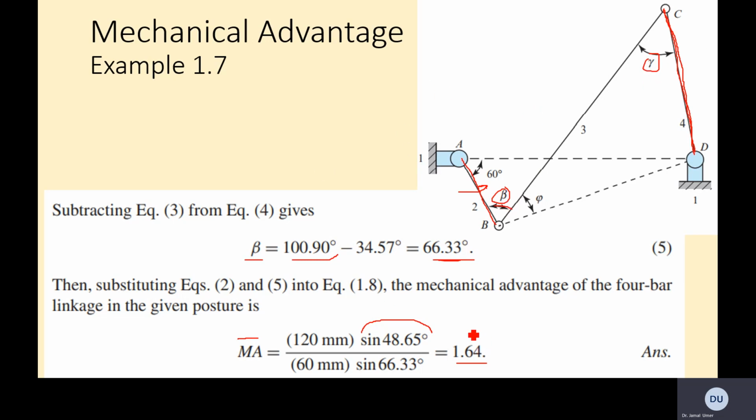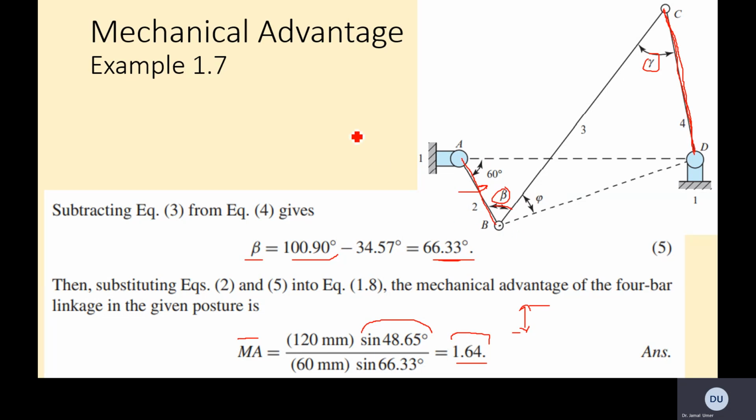So what does this mean? Mechanical advantage is not a fixed number. It will keep changing from minimum to maximum. So you got some variation of mechanical advantage within the working of this mechanism. Considering this aspect, we just get the useful work done when the mechanical advantage is higher. For those positions where the mechanical advantage is less, we don't take any useful work.